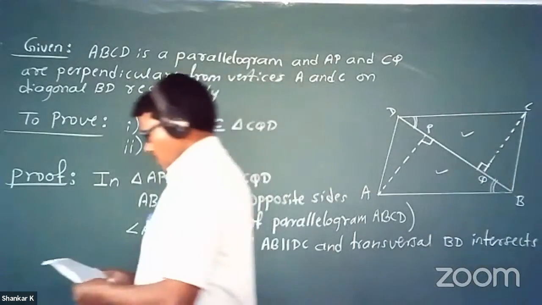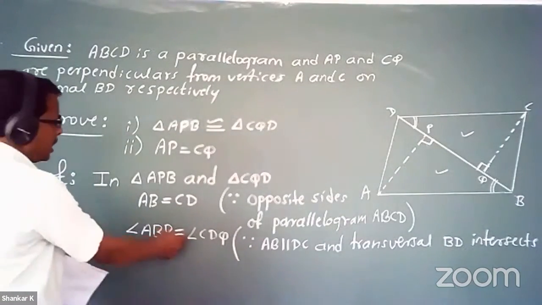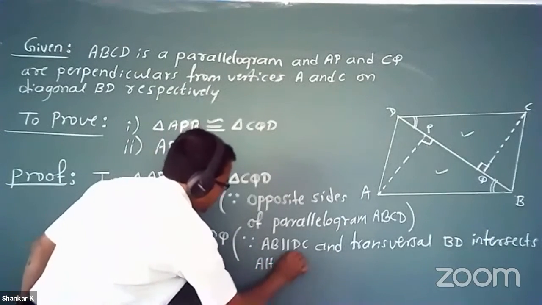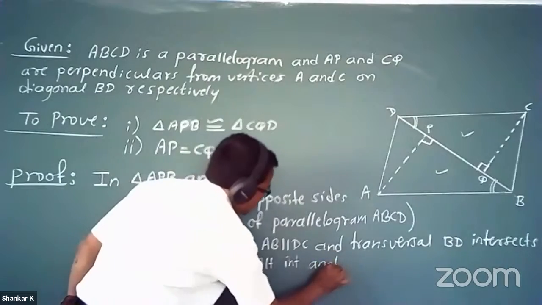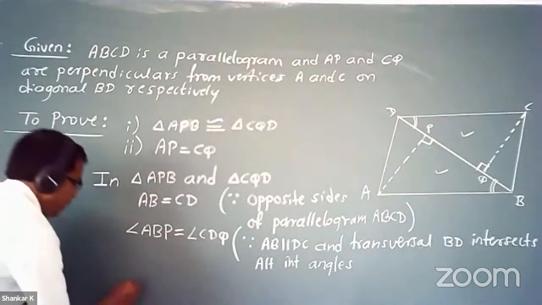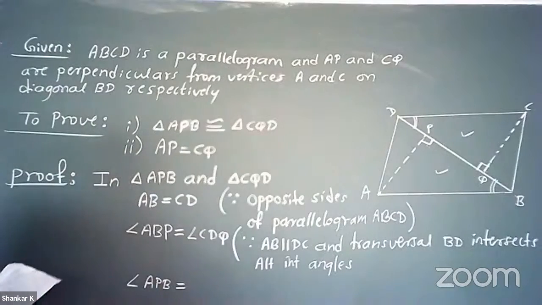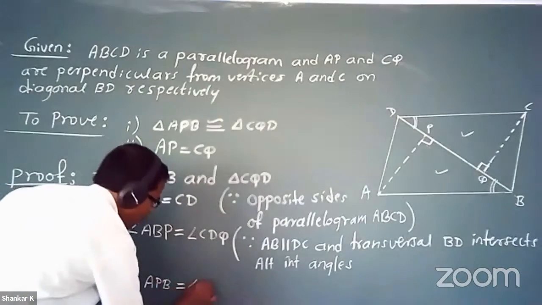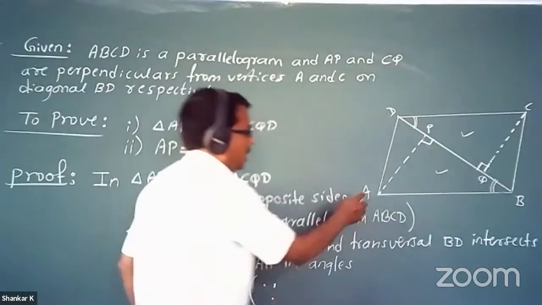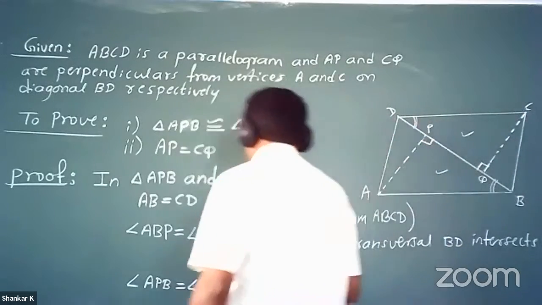That's why those two are equal. These are which kind of angles? Alternate interior angles. Next, angle APB is equal to angle CQD. This is also 90, this is also 90. It is given.